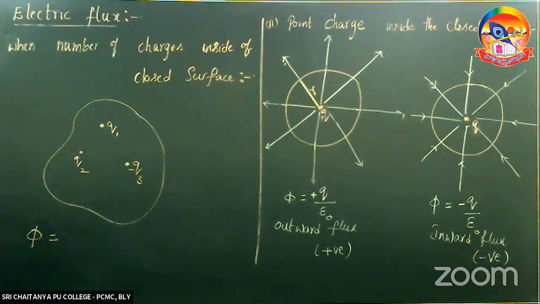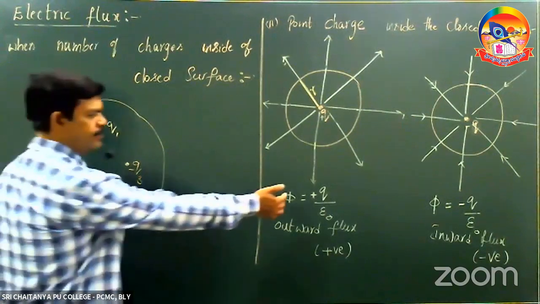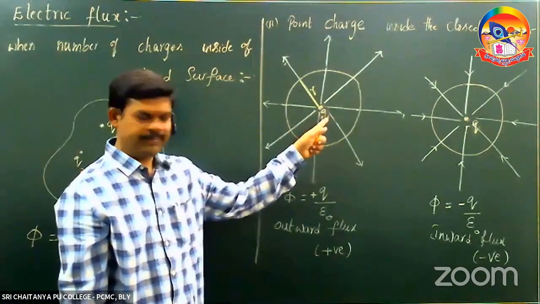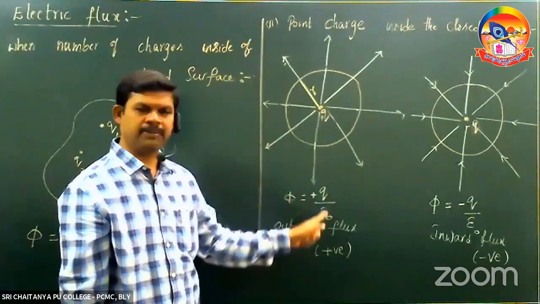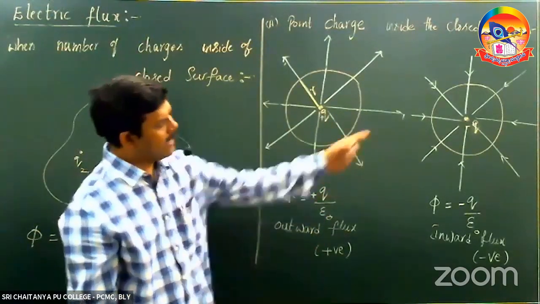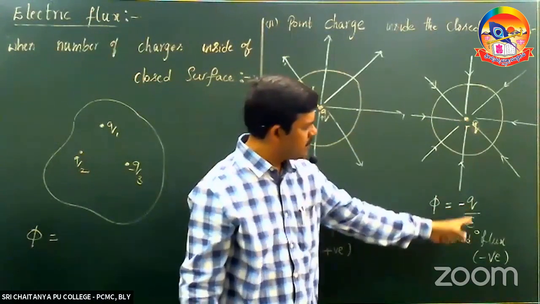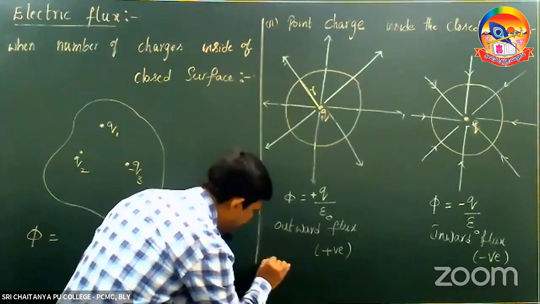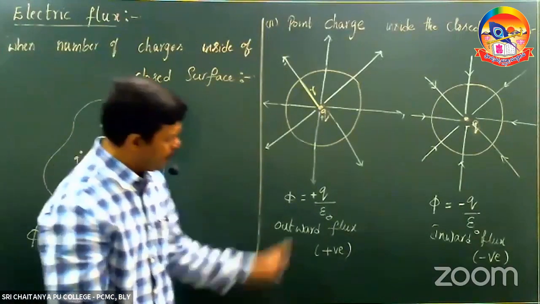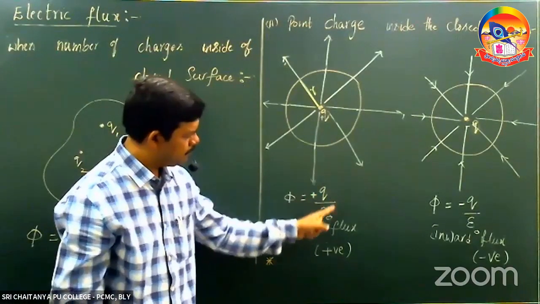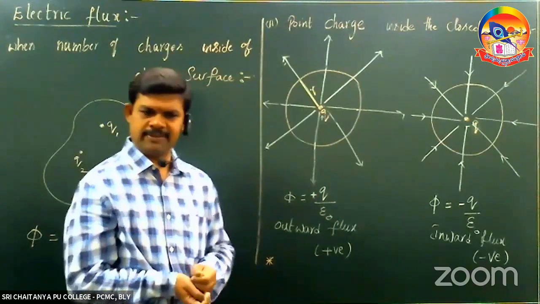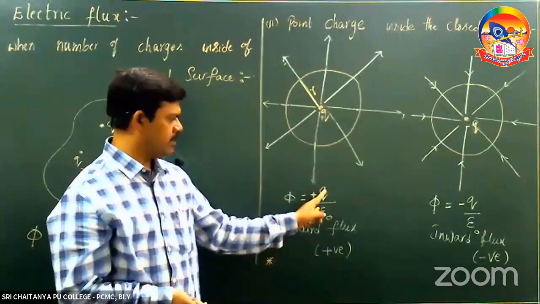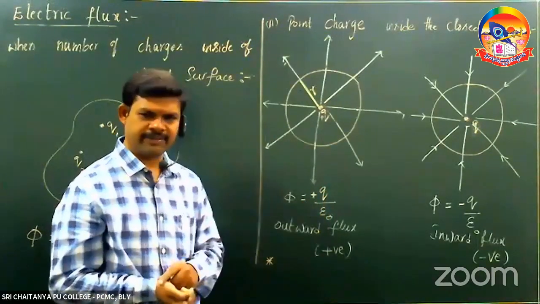From that discussion, from here, if a charge Q is inside, phi is Q by epsilon naught. Minus charge is inside, minus Q by epsilon naught. Here one important point. If you observe this formula of the flux, it has two physical quantities, Q and epsilon naught.